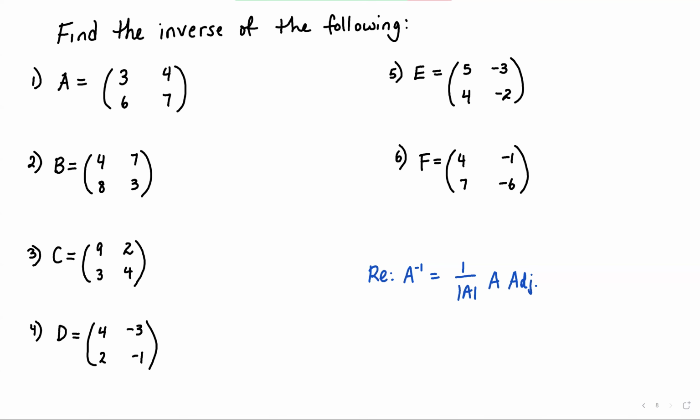I'm going to do the first three. So the first one is A is equal to 3, 4, 6, and 7. Oh my gosh, the 6, 7 thing is haunting me.